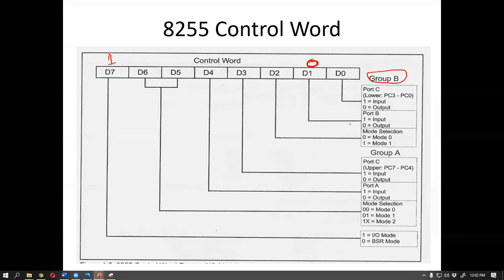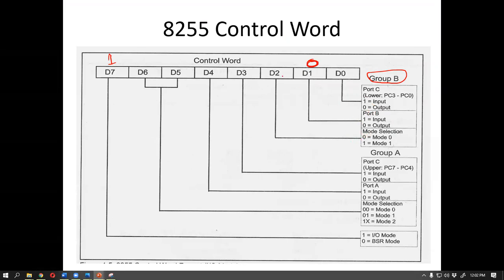We just use the basic mode, no problem. We use 0, then this is the basic mode. Mode 0 selection, and port B all output.